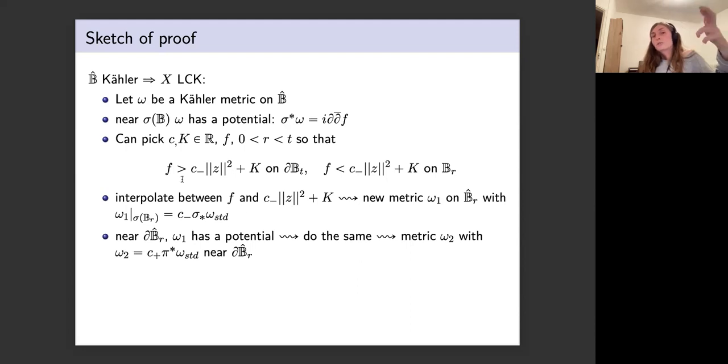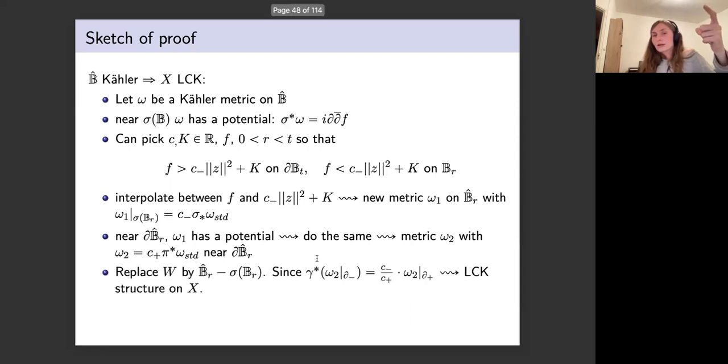You will not be able to compare it directly, but you have to multiply it by some constant, well chosen by the construction. So you will again be able to modify your metric on the outer boundary, but by a different constant times the flat metric. Because of this, you will have finally obtained a Kähler metric on the modified ball, which is the standard metric times a constant near one boundary and the standard metric times a different constant near the other boundary.